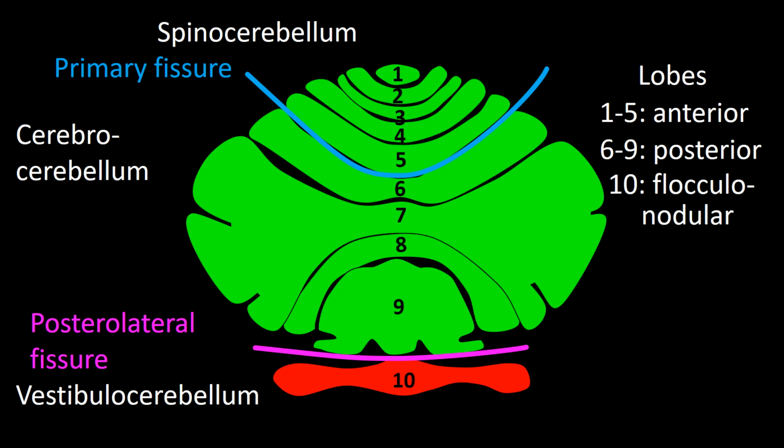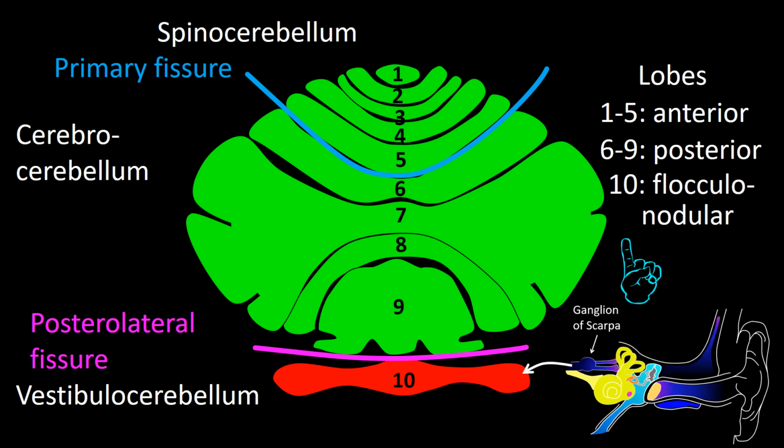For these authors, this is considered the archicerebellum. Other authors limit the vestibular cerebellum to the flocculonodular lobe, here in red, and consider lobule 9 as part of the cerebrocerebellum.